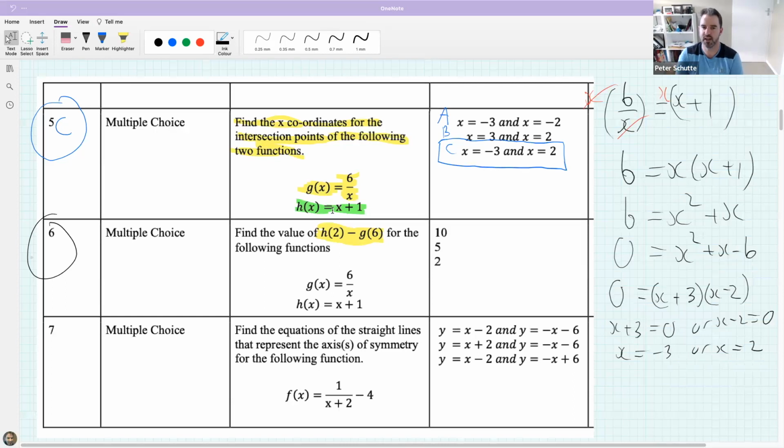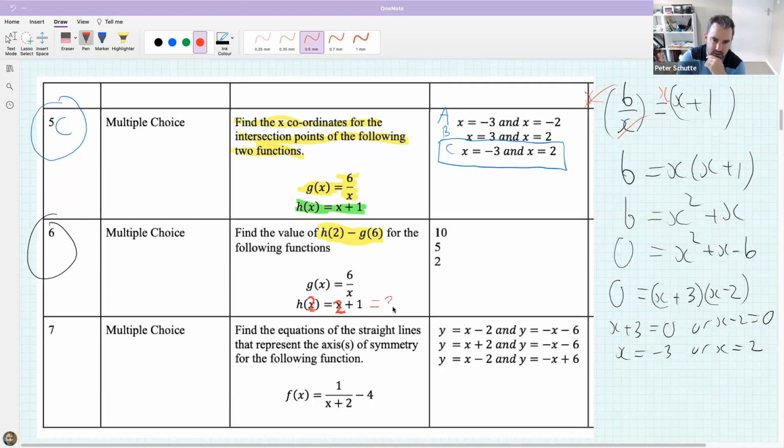So you have to interpret what that is and then evaluate that. So the h of 2 means just to put a 2 where the x is.